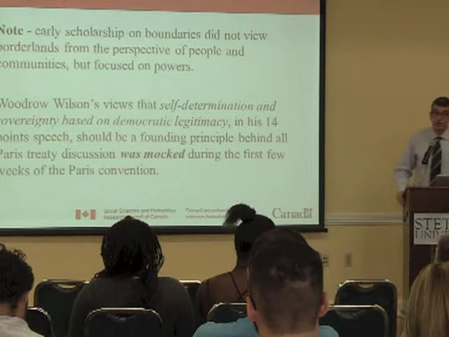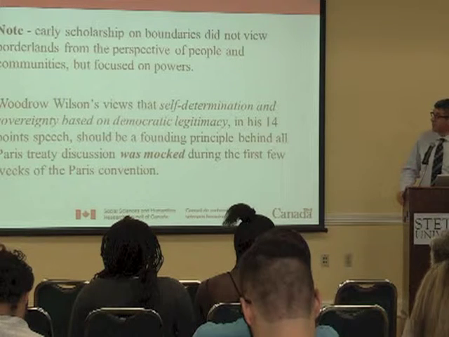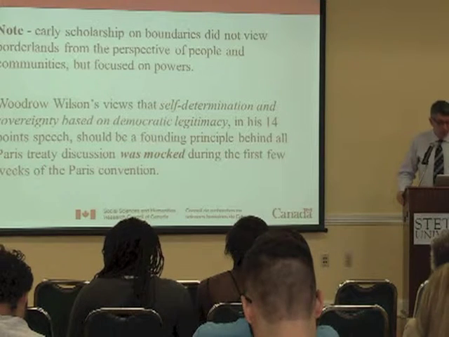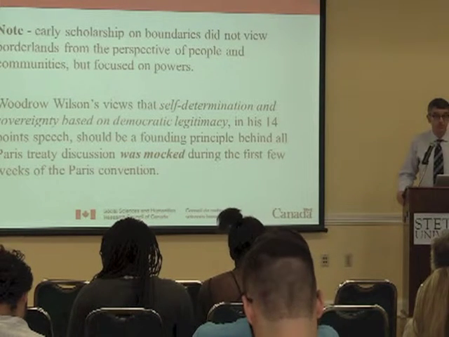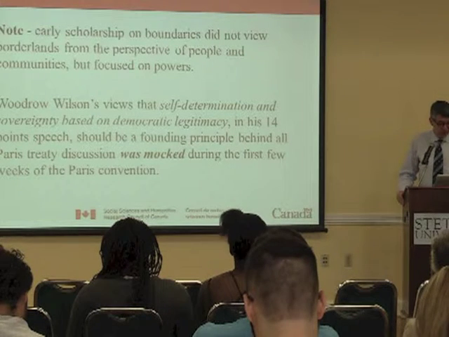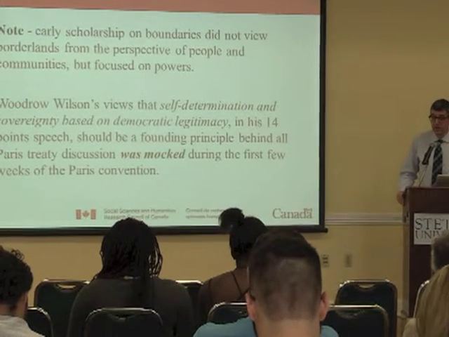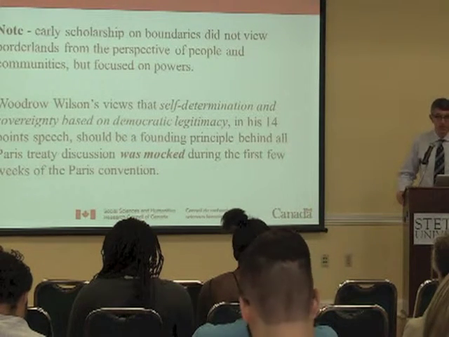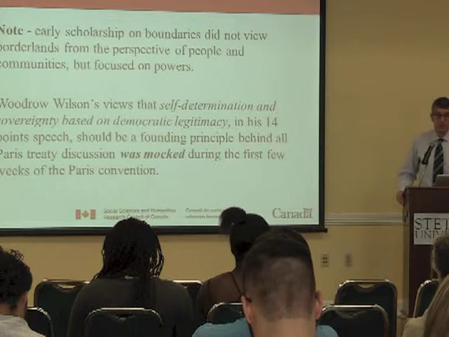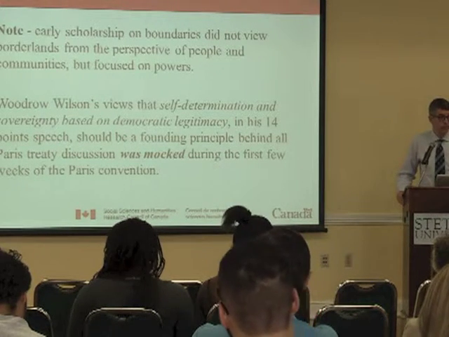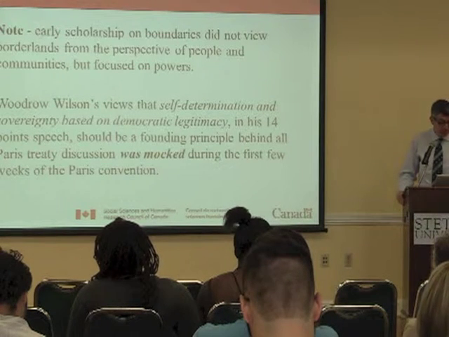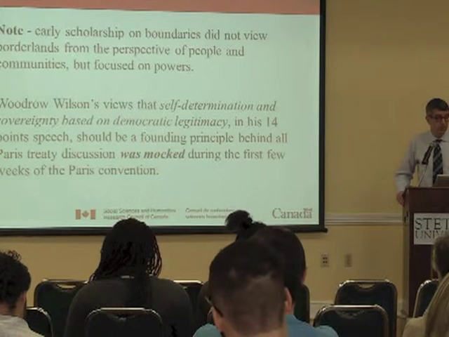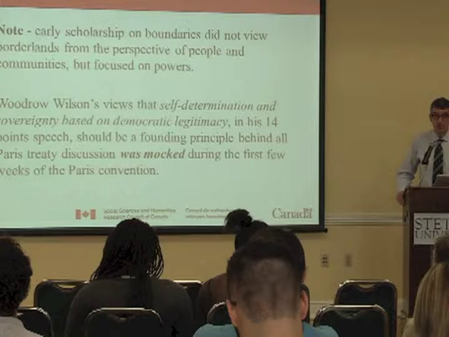So it is also very important to realize that early scholarship on borders and boundaries did not view borderlands from the perspective of people and communities, but focused on powers. And Woodrow Wilson, the US president, former president of Yale, a legal, political science, sociology scholar who was enlightened, came up with a 14-point presentation where he actually suggested that sovereignty should be organized from democratic principles and not from a top-down process.